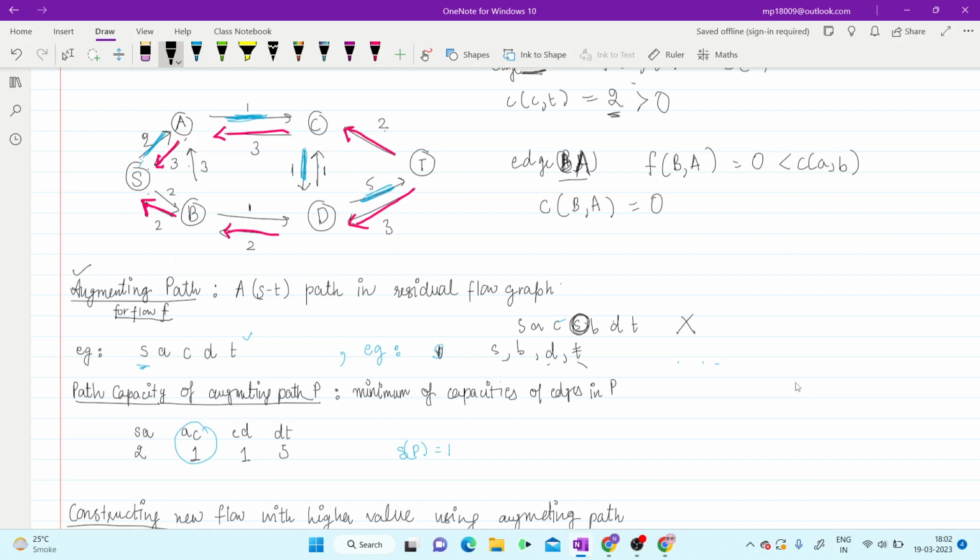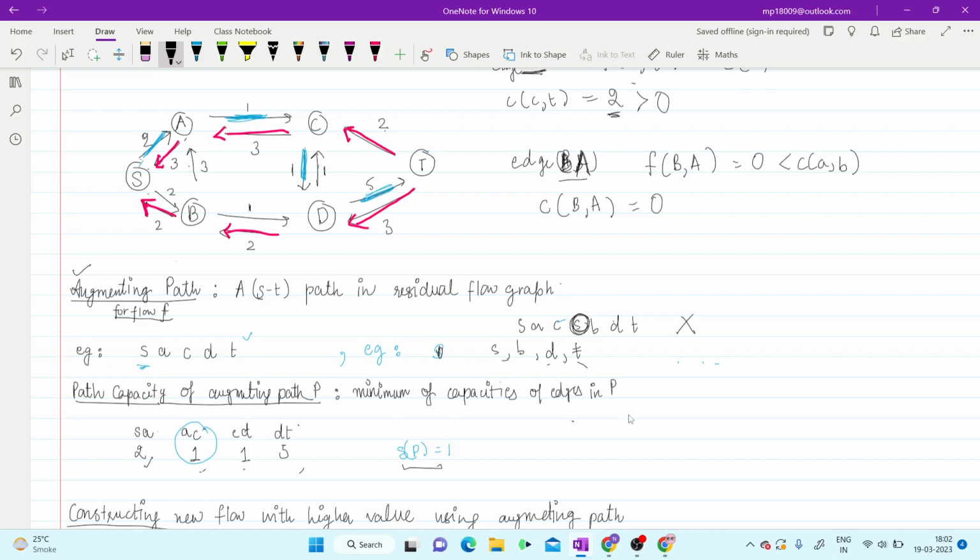There are two augmenting paths in the previous example. The first path is SA, AC, CD, DT, and the capacities are 2, 1, 1, 5, and the minimum is 1. Therefore for this path the path capacity is 1.